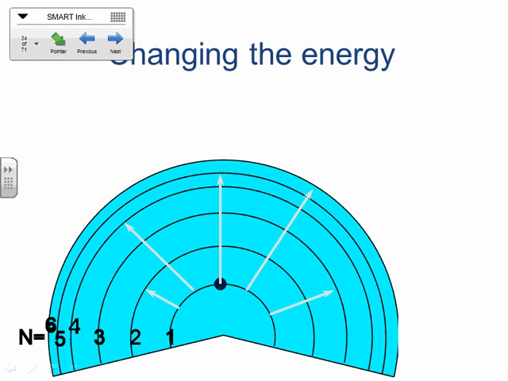So if we add energy to this atom, the electrons will jump up to a higher energy level. Now, what are some ways that we could add energy to an atom? You could heat it up. You could hit it with light, right? That actually makes the electrons jump.